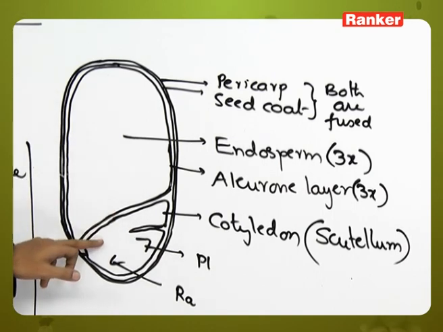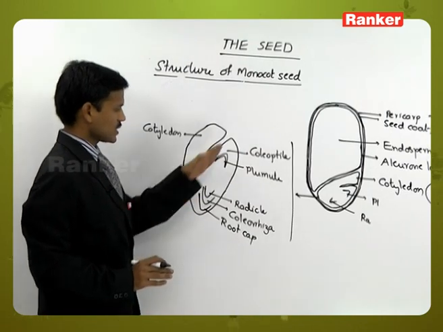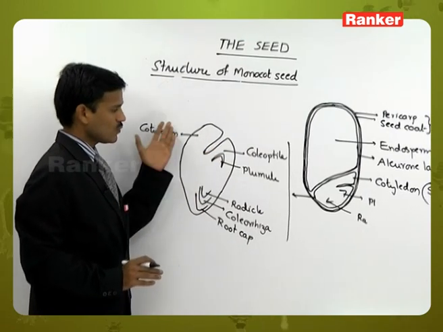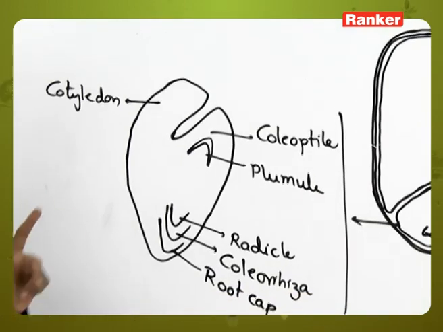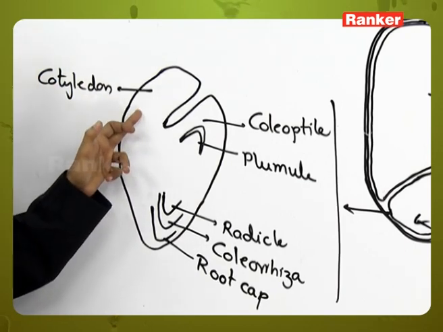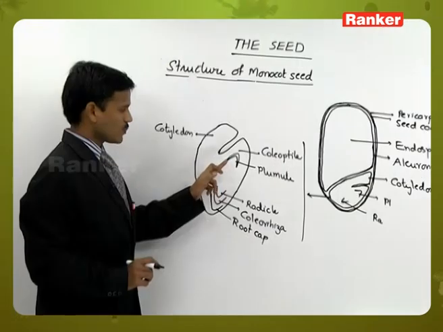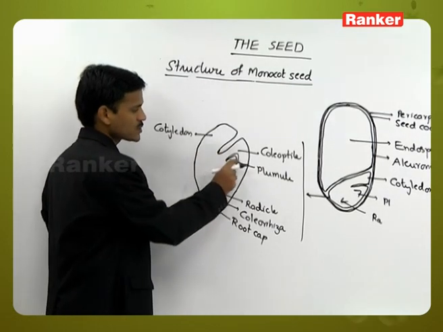In the embryo, there are mainly two parts: the embryonal axis and only one cotyledon. This cotyledon is called the scutellum, one large shield-shaped cotyledon. Then there is the plumule, covered by a sheath. The plumule develops into the shoot system.